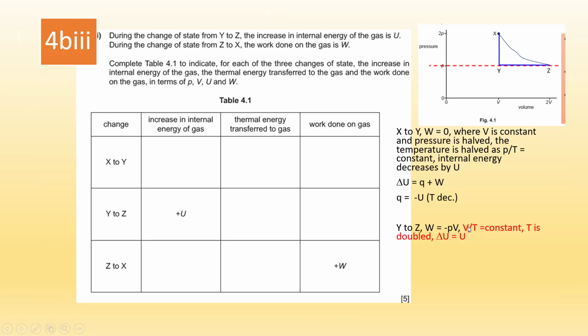V over T equals constant. V is double, T is double. So delta U equals U. So use the first law of thermodynamics. Right? Replace your Q as U minus W, which becomes minus PV.